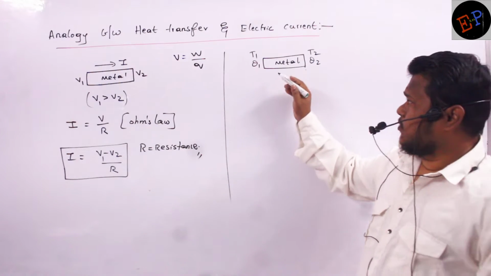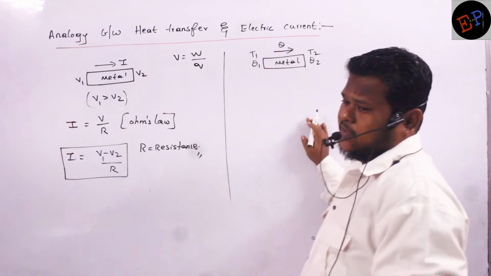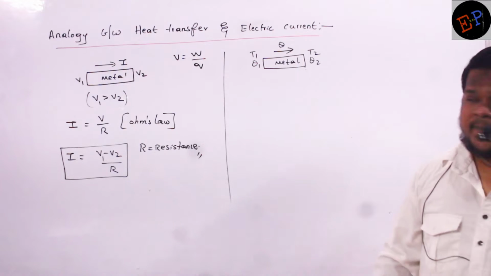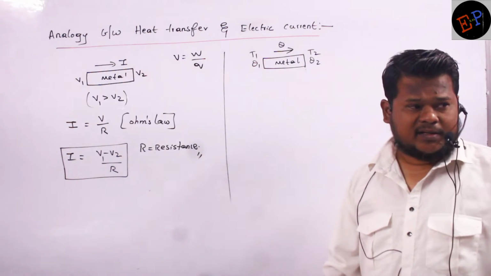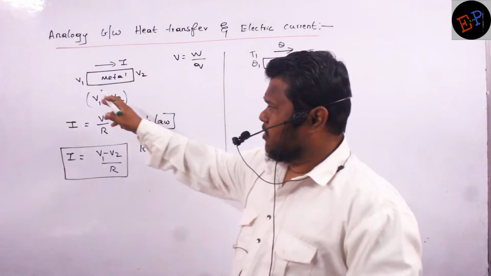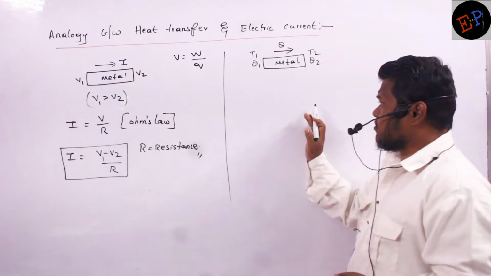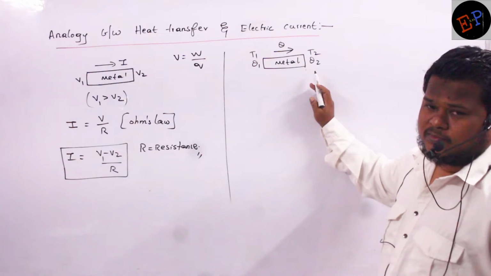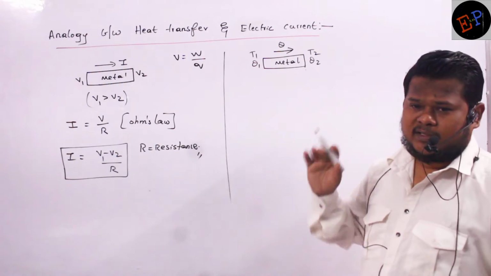Heat energy should flow from theta 1 to theta 2, so this is the direction of heat flow. What is the condition required? T1 must be greater than T2. Just as current flows only if one potential is greater than the other, heat will flow only if the temperature here is greater than the temperature at that position.